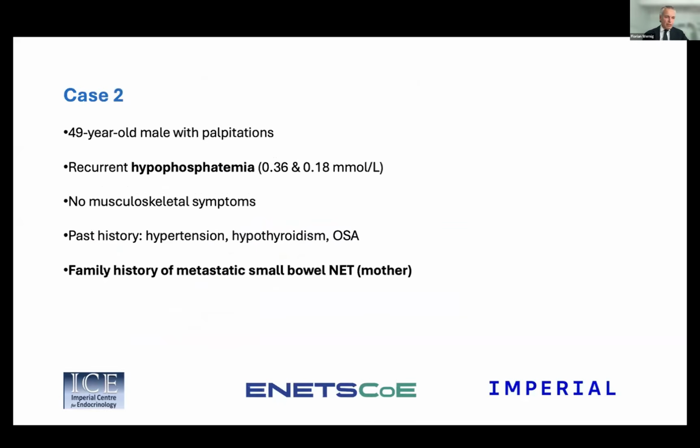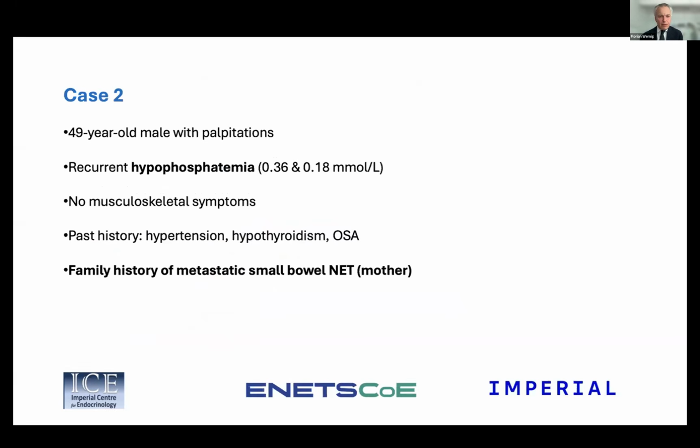I just want to briefly present another case, which is a 49-year-old male who presented with palpitations. He was found to have recurrent hypophosphatemia with phosphate levels as low as 0.18 millimoles per liter. He did not have any musculoskeletal symptoms, and the past medical history included hypertension, hypothyroidism, and obstructive sleep apnea.